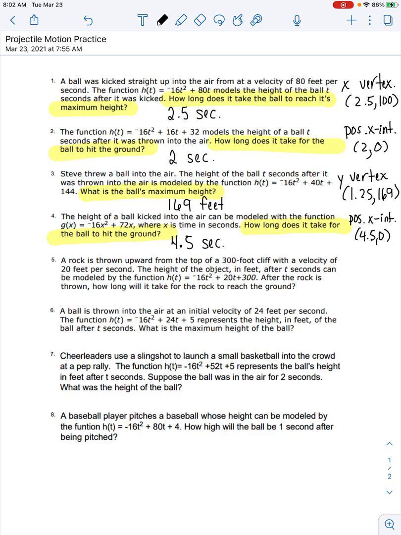Number 5, a rock is thrown from the top of a 300-foot cliff with this velocity. After the rock is thrown, how long does it take the rock to hit the ground? So how long it takes to hit the ground is, again, your positive x-intercept.